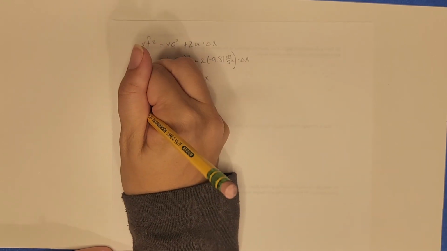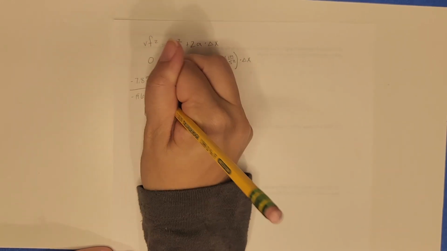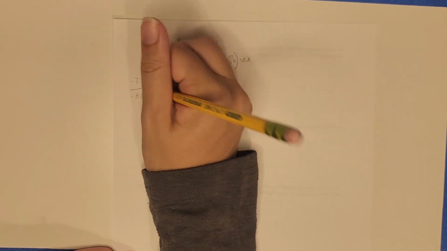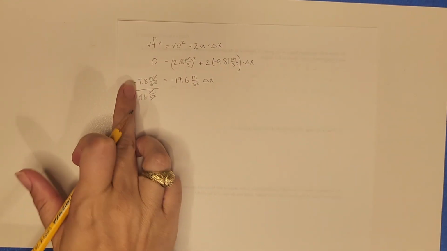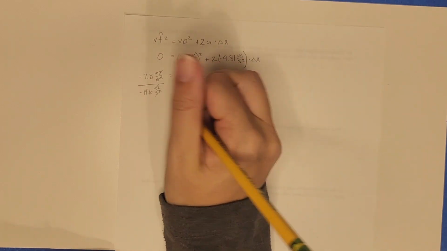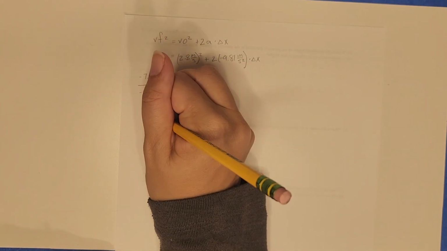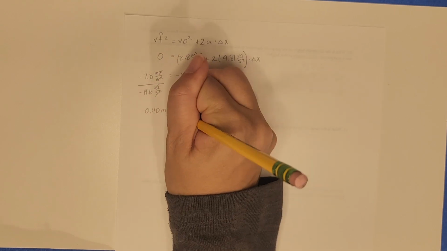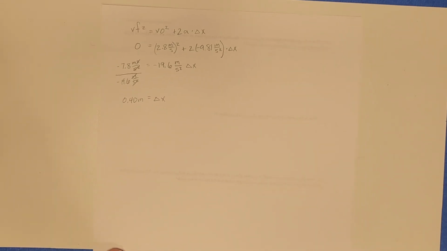Divide both sides by that negative 19.6. Everything cancels except meters, and then our final value is 0.40 meters equals delta x. So two ways to get exactly the same answer for that problem, and I just wanted to demonstrate both of those for you. So especially if you chose one and I'm doing it totally different, you can see that what you were doing was just fine.